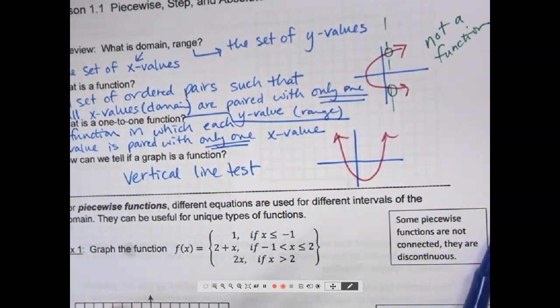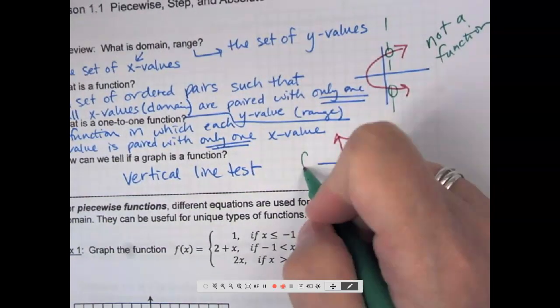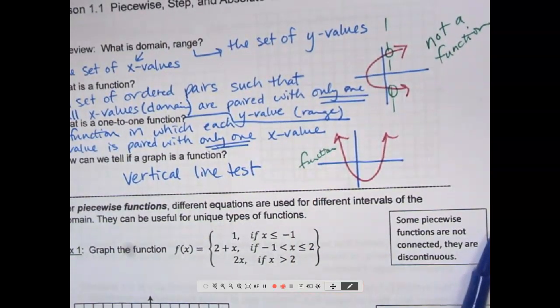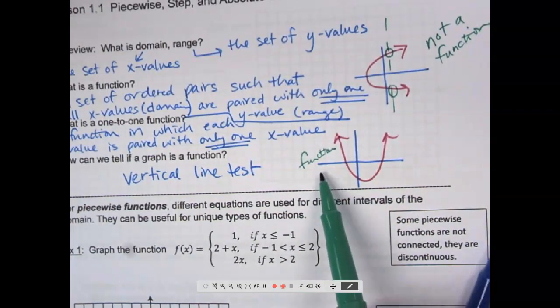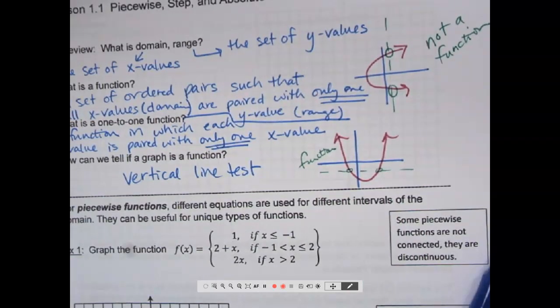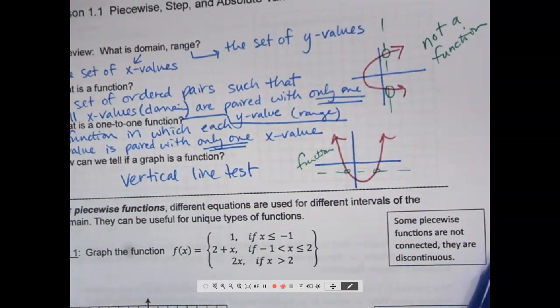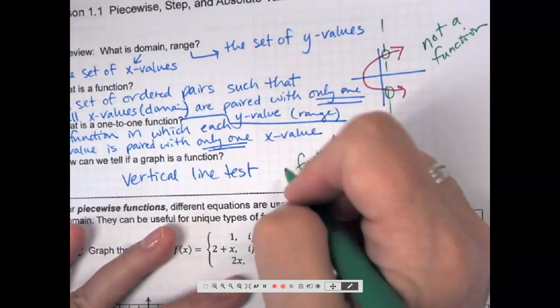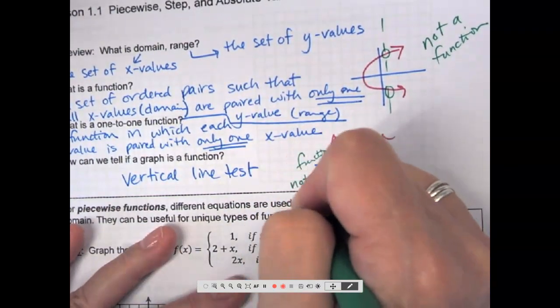Yeah, we'd use our vertical line test. Yep, it's a function. Is it one-to-one? It is not, because if I use the horizontal line test, it's intersecting two points horizontally, which means those y values are paired with two different x's. So it's not one-to-one.